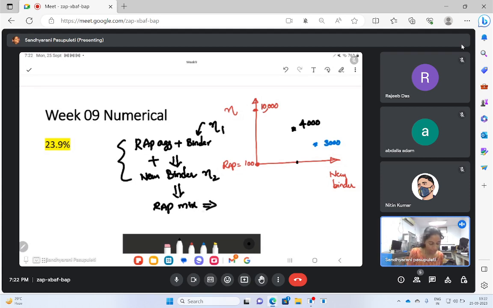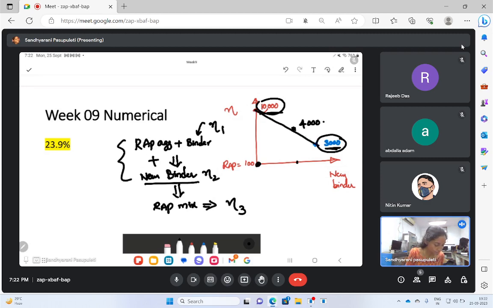When we add the existing binder on the surface of the RAP aggregate plus some new binder, we will get the RAP mix, and the binder present will have some viscosity which is eta 3. In the question they have given that the RAP binder has 10,000 viscosity and the new binder has around 3,000 viscosity, and they are expecting that by mixing 10,000 viscosity and 3,000 viscosity they will get 4,000 viscosity, which is the target viscosity.